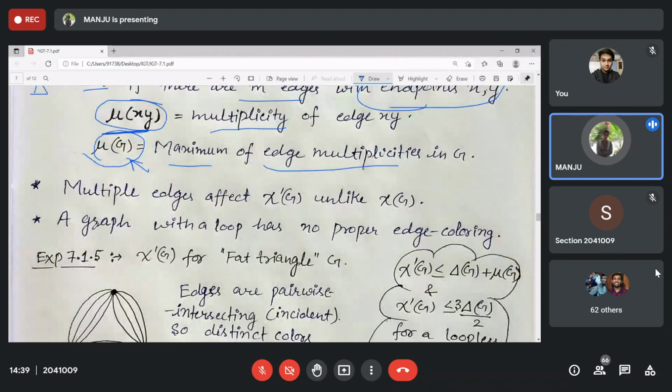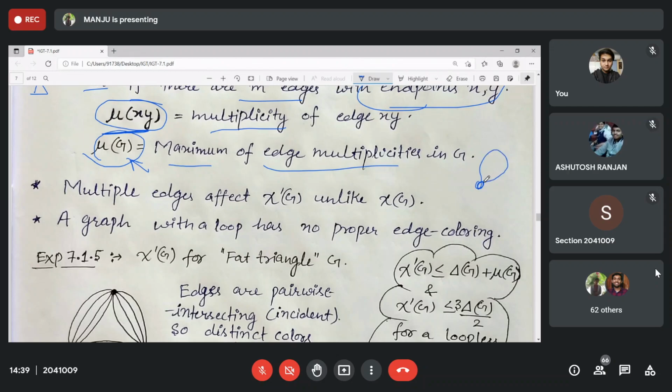If you are given a loop in any graph, can you find any proper coloring? Does there exist any proper edge coloring for a graph with a loop? No, right?